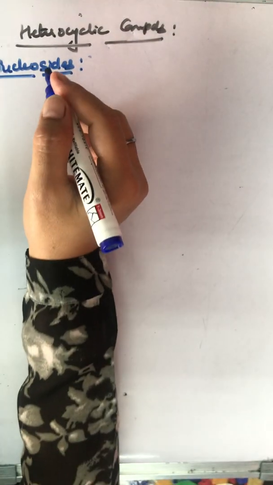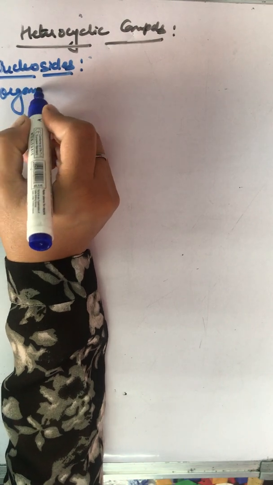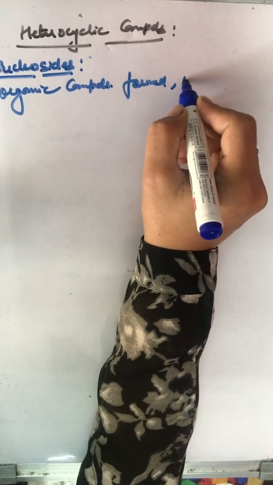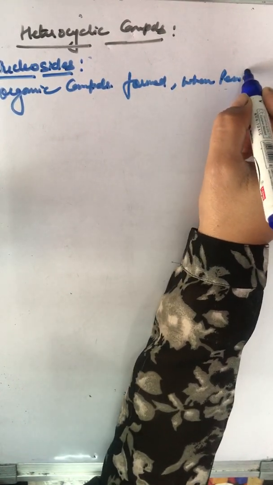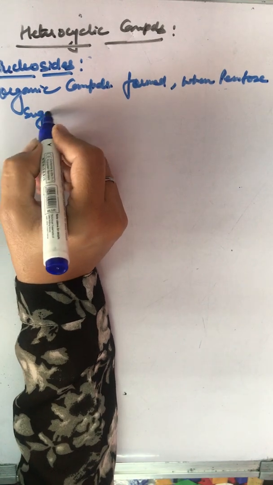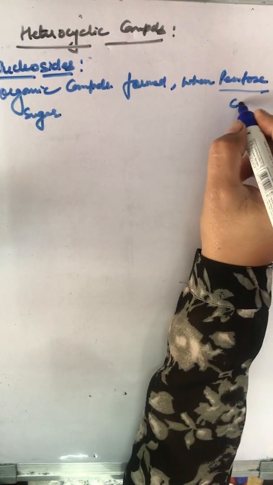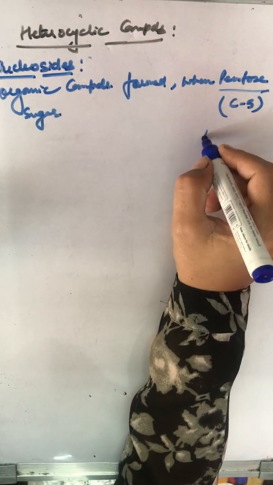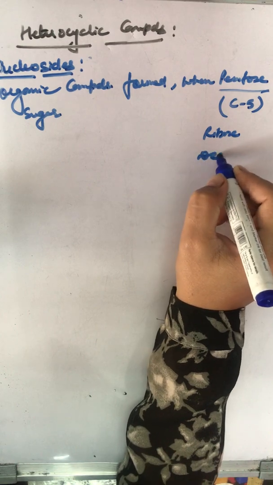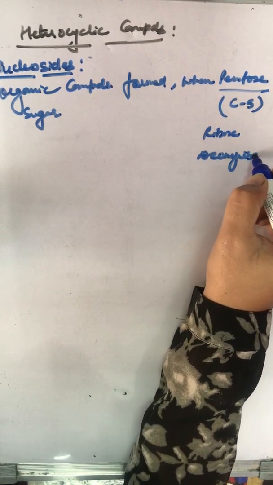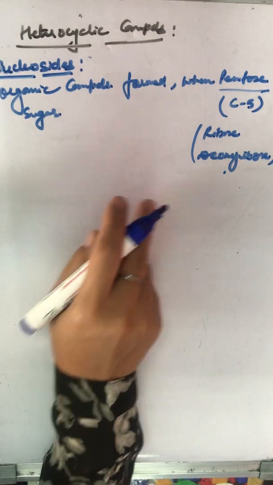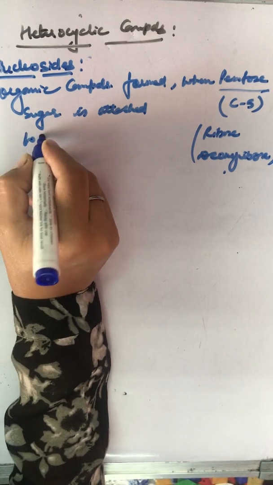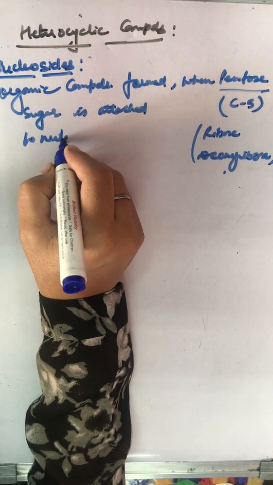Nucleosides are organic compounds formed when pentose sugar, pentose is 5 carbon, this pentose sugar can be ribose, can be deoxyribose, but it is a carbon 5 sugar, is attached to a nitrogen base.